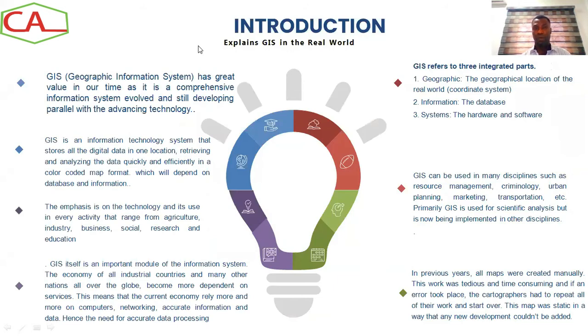As a matter of introduction, as we've just said, GIS, as the name implies, is geographic information system. When we're talking about geographic, we are referring to a location, talking about real world coordinates. There are different coordinate systems one can actually apply in GIS, depending on the area where you're working.